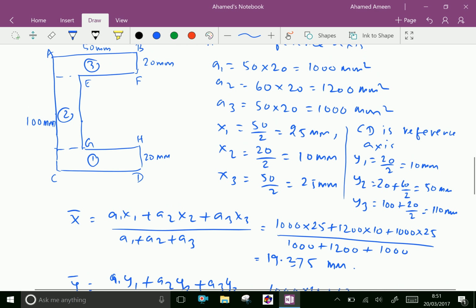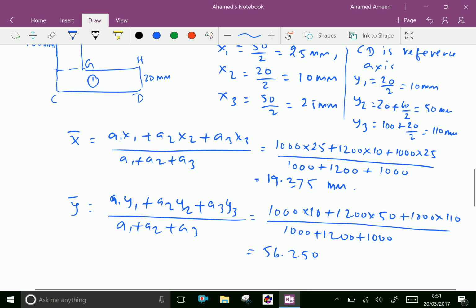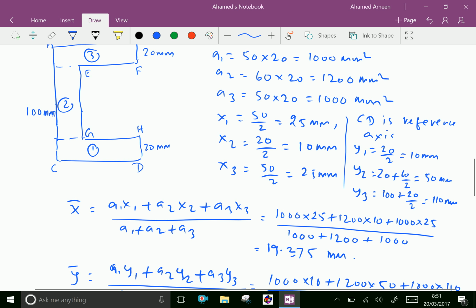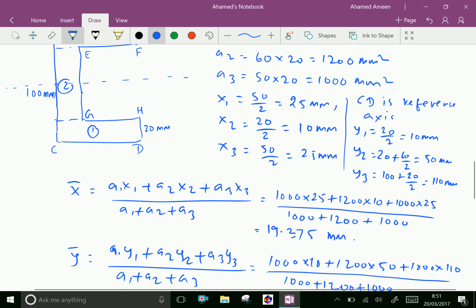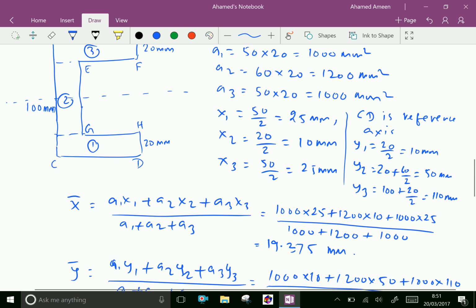Now let us note this point in the figure. This is at the y distance, and x distance is 19.375, nearly here.